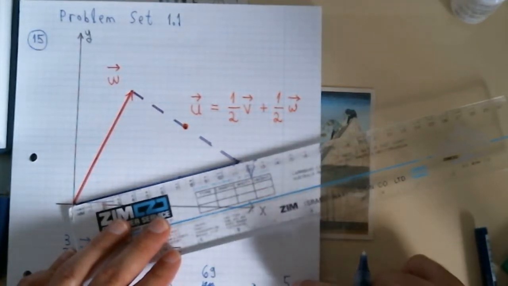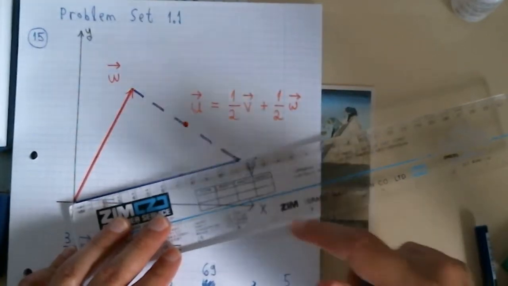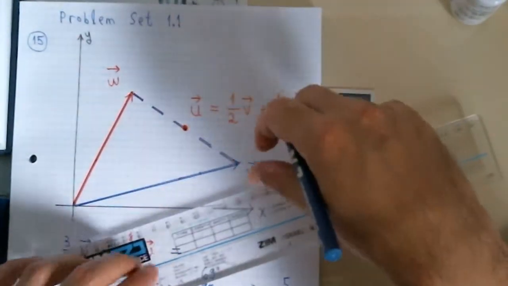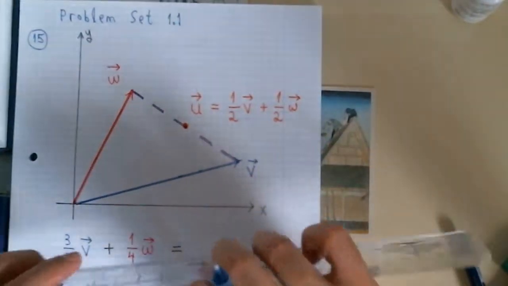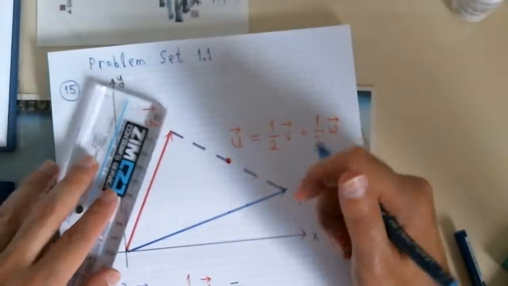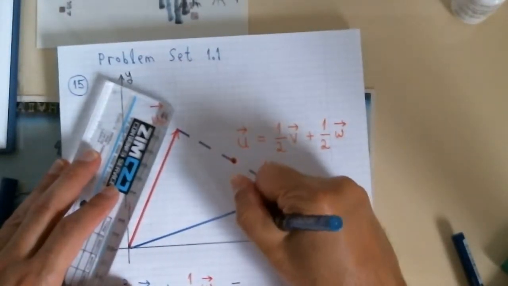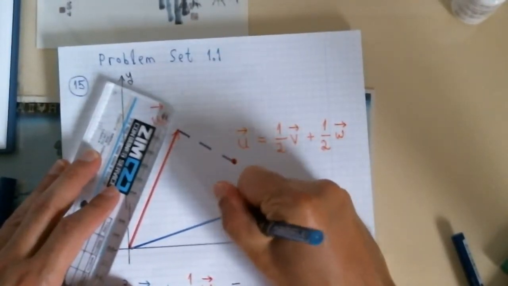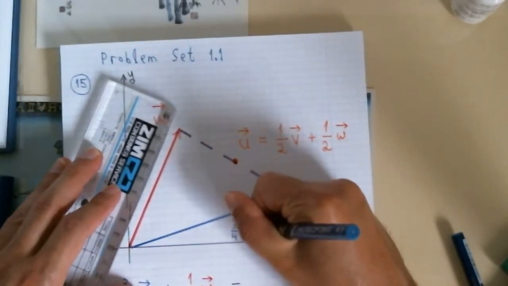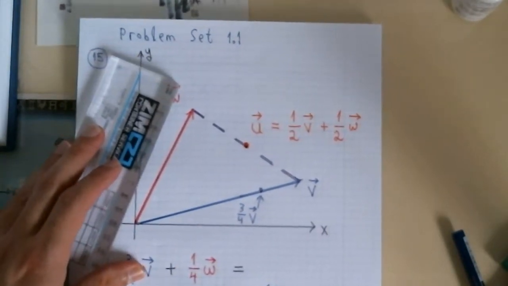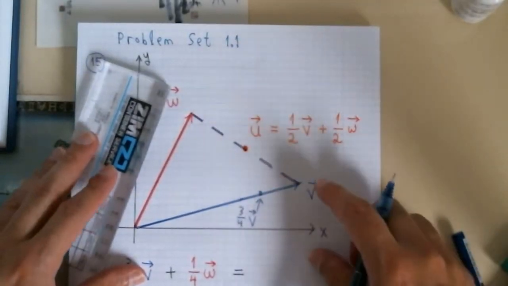So this is 8.625. So it would be about here. And from here, we take 1/4 of W, okay? We got up to here. This is 3/4 of V. Okay, this point, the blue point.